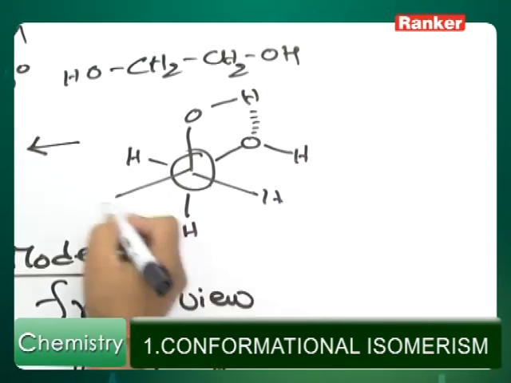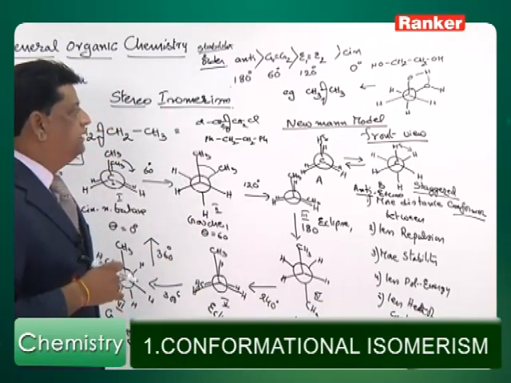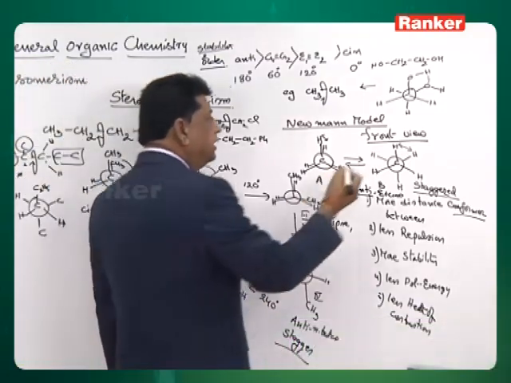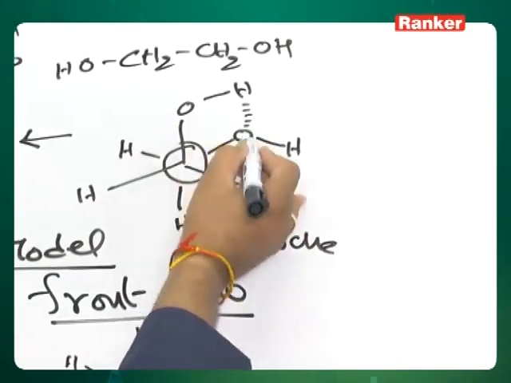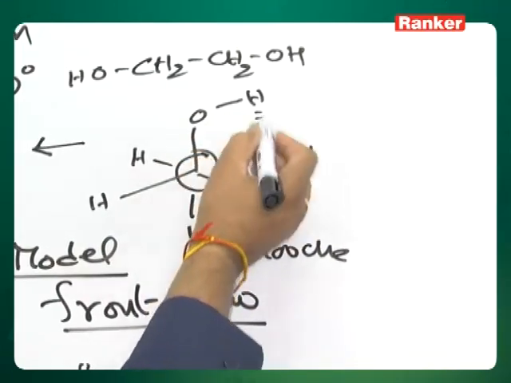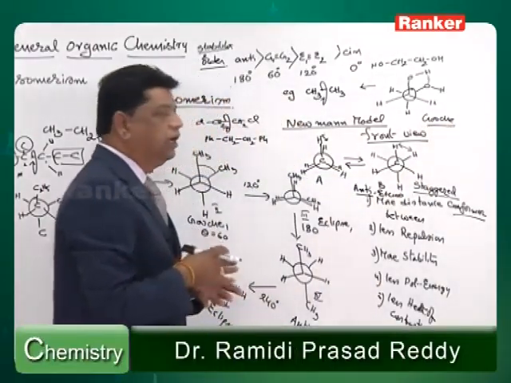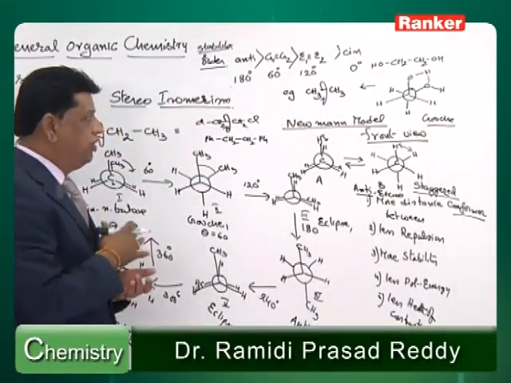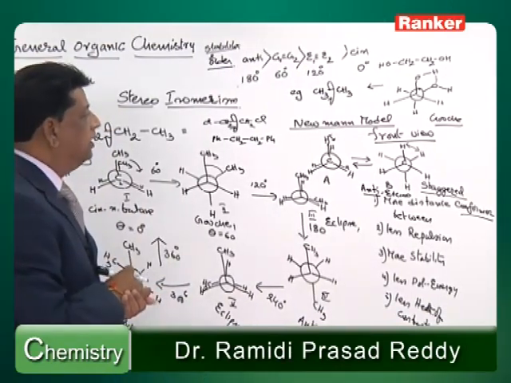We expect the anti-conformer to be the most stable. But in this particular case, ethylene glycol, it is the Gaussian conformer. Gaussian means what? First group and second group separated by 60 degrees get intramolecular hydrogen bonding, and the Gaussian conformer happens to be the most stable staggered conformer of that particular series.